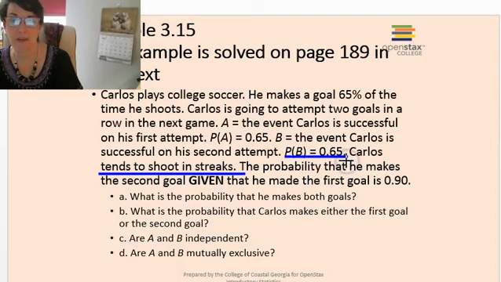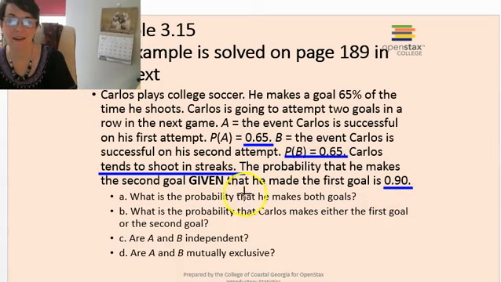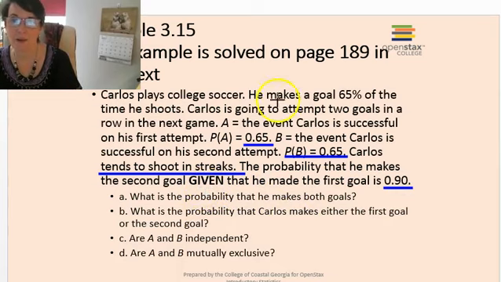So you have the probability of A, and we have the probability of B, and we have the probability of making the second goal given that he made his first goal of 0.9. So in your book, check out the solutions for that and work through these problems. I think that will help you understand this contingency kind of idea.